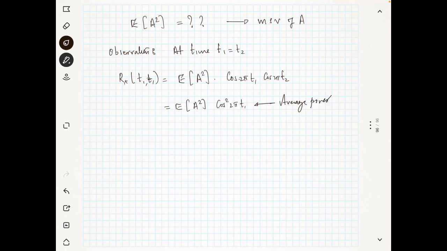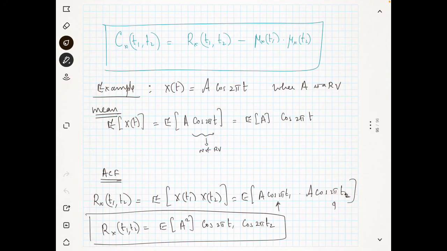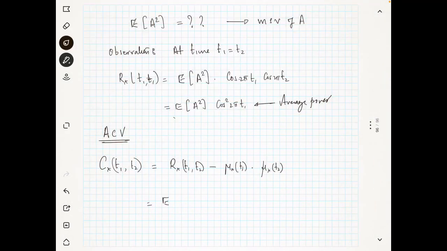Okay, that's it. Now we will see what is the autocovariance function, that means Cx of t1 and t2. This is nothing but Rx of t1 t2 minus mu x of t1 into mu x of t2, as we have seen in the formula. We have Rx with this formula: expected value of A square into cosine of 2 pi t1 cosine of 2 pi t2.